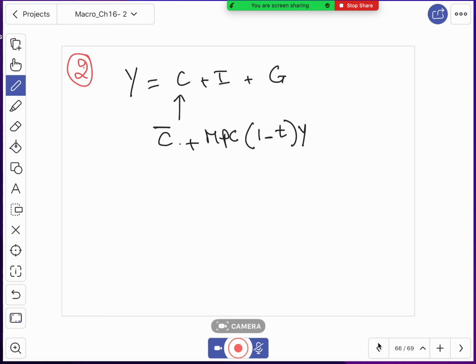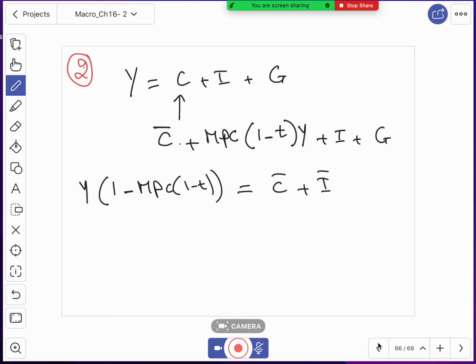So when you plug this into the function, plus I plus G, and we are taking all the y in one side, so we're going to have y times 1 minus MPC times 1 minus t is equal to c bar plus I bar.